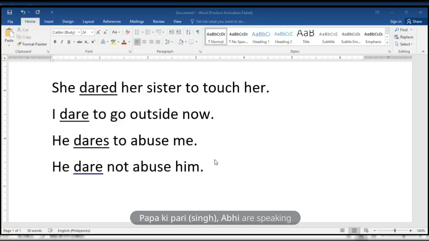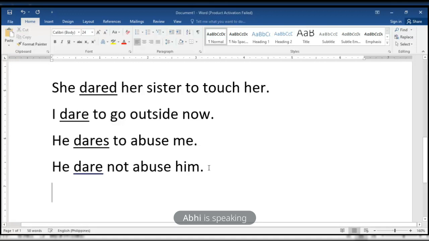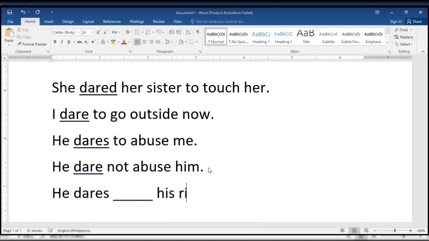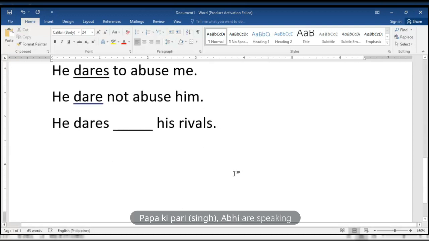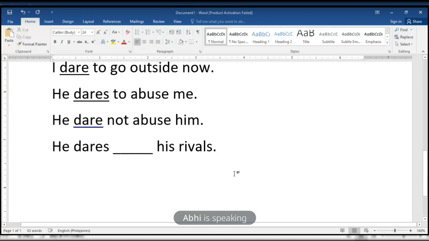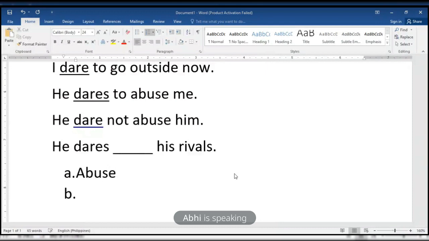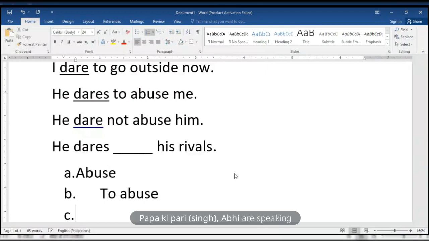If we take examples, we will understand it. My sentence is: he dares dash his rivals. The first option is abuse, the second is to abuse, and the third option is abusing.